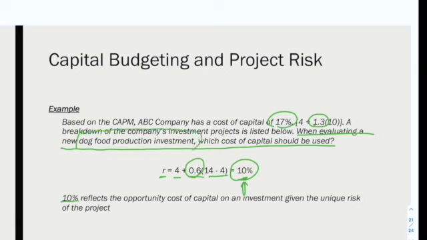If we use the 17% cost of capital from the company, we will have overestimated the risk of this investment, and then we will be overestimating the cost of capital and underestimating the value of this investment.